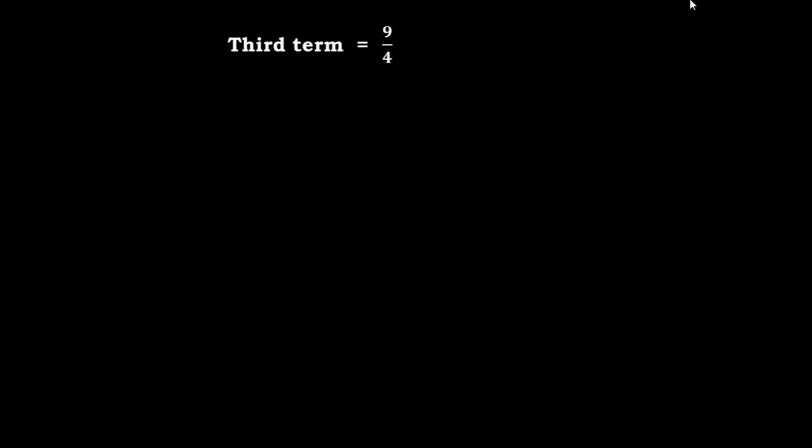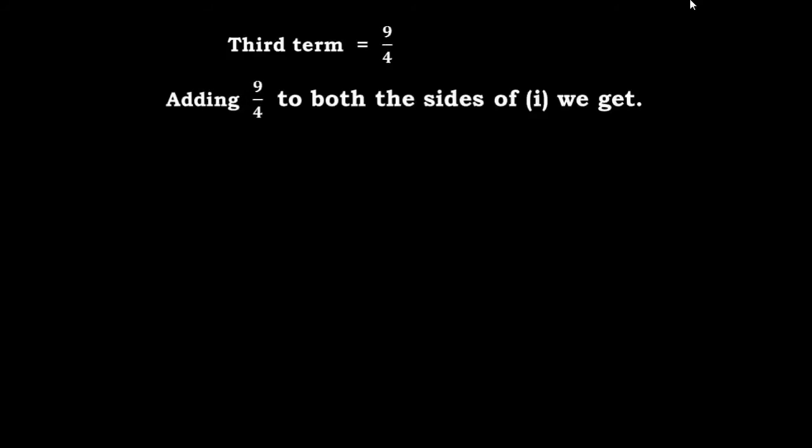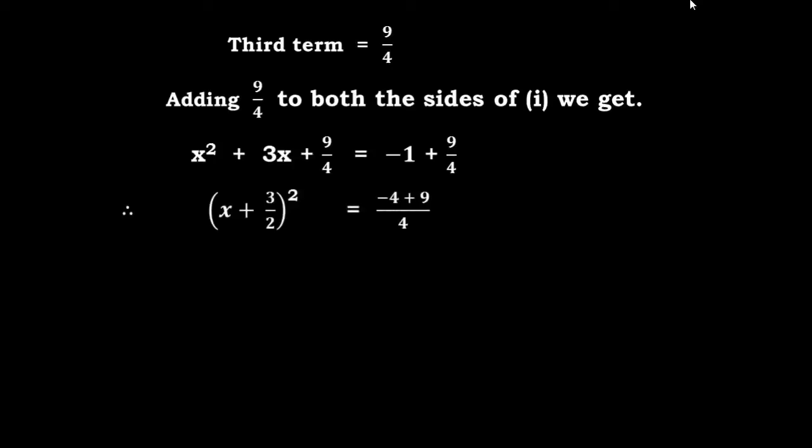Adding 9/4 to both the sides of the equation, we get x square plus 3x plus 9/4 is equal to minus 1 plus 9/4. So at LHS, this is the square of x plus 3/2 the whole square, and at RHS cross multiplication will give (minus 4 plus 9)/4, that is 5/4.